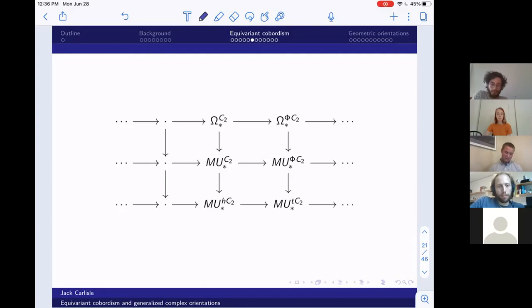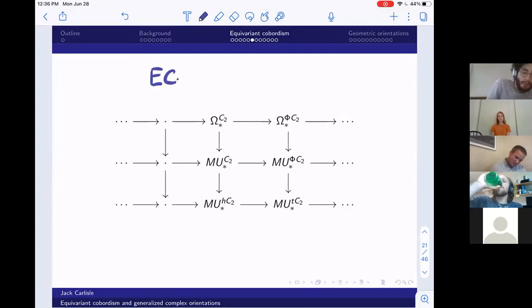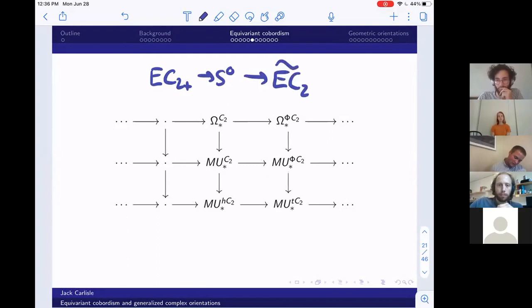So here's the plan of attack for calculating this cobordism. We have this isotropy separation sequence, which goes from EC2 plus to S naught to EC2 tilde. And on the other hand, we have a couple of maps of C2 spectra. We have our C2 spectrum omega.